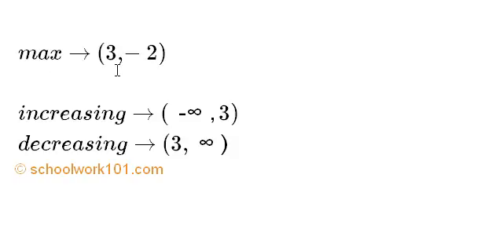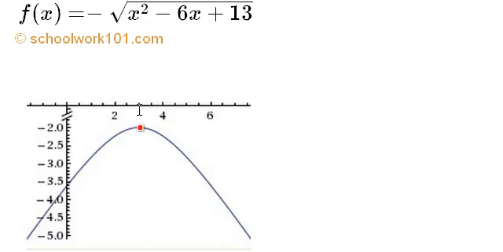So there's a maximum occurring at 3, negative 2, and it's increasing from negative infinity to 3 and decreasing from 3 to infinity. By looking at the graph right here, you can see this doesn't quite look centered, but I did my best. Here's 3 on the x-axis, and then we'd come straight across, and you can see here it's negative 2.